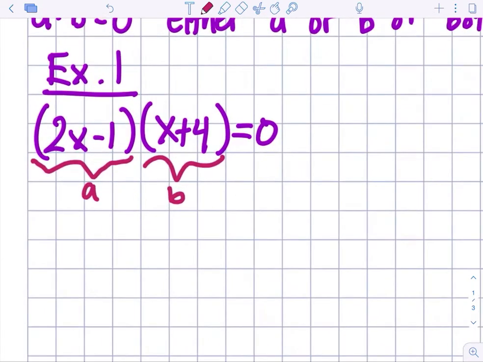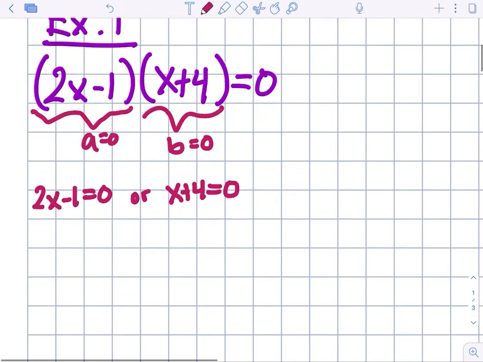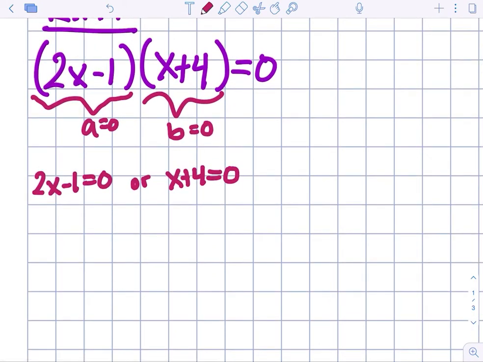So what you have to do is, well, 2x minus 1 has to be 0, or x plus 4 has to equal 0. So we're just going to solve for both of them equaling 0, and then we just solve. This allows you guys to find your zeros, roots, or x-intercepts of what they're asking you.